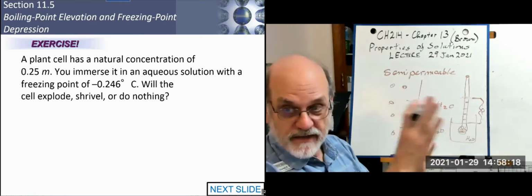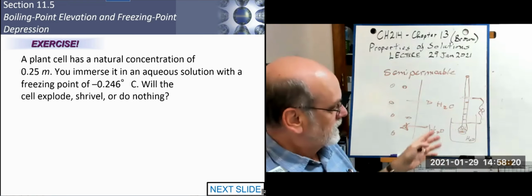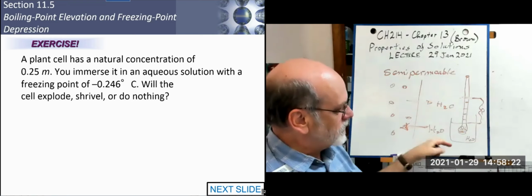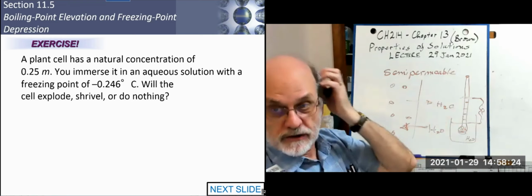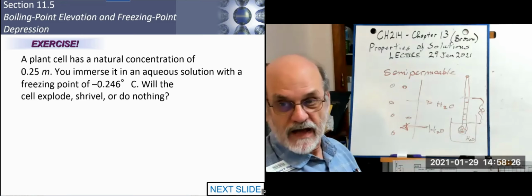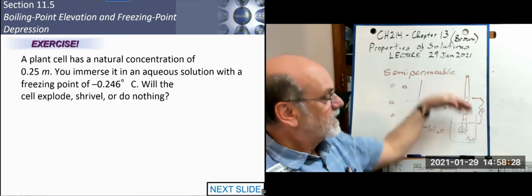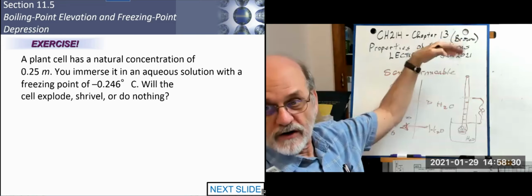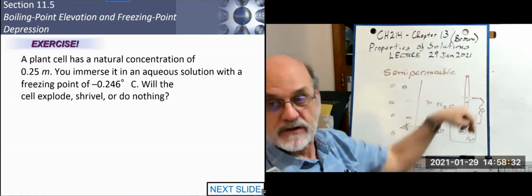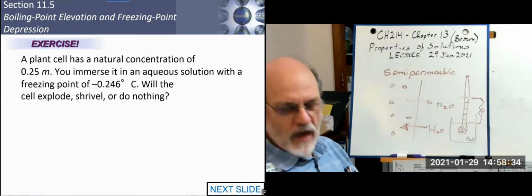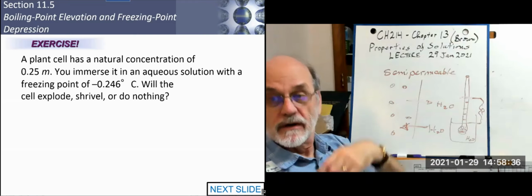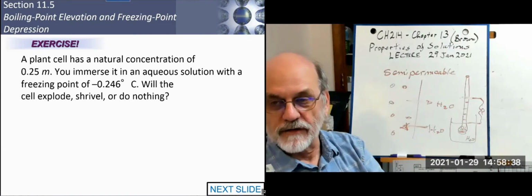And eventually they reach equilibrium. So that's the osmotic pressure of that solution. And the higher the concentration, the higher the pressure is required to establish equilibrium. So the osmotic pressure is related to the concentration of the solute.